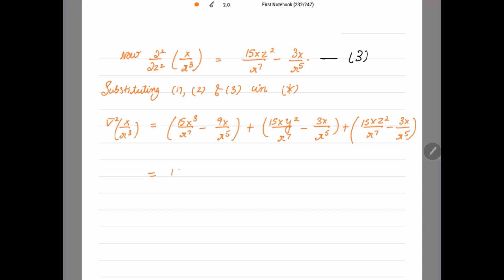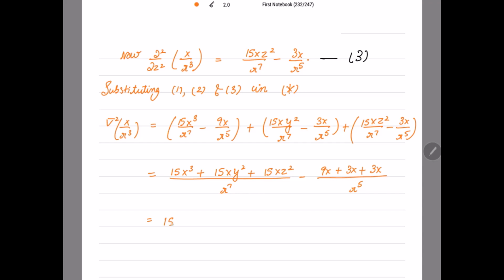So this is 15x cube plus 15xy square, taking r the power 7 as a denominator for all the terms, and the terms having denominator r the power 5 can be taken together: 9x plus 3x plus 3x.